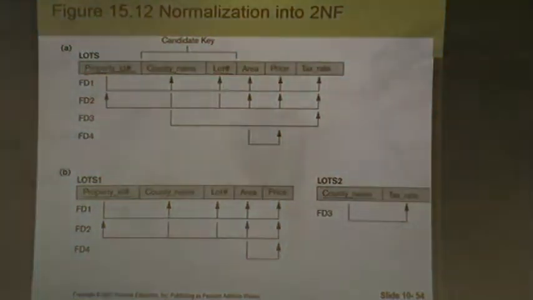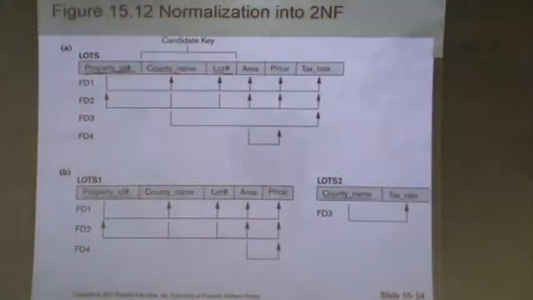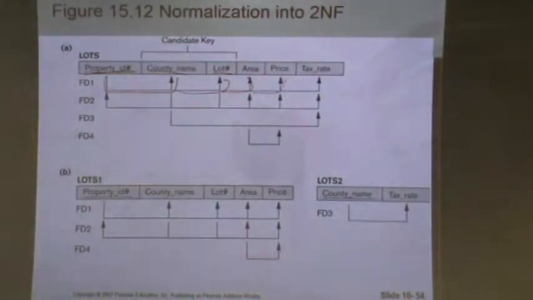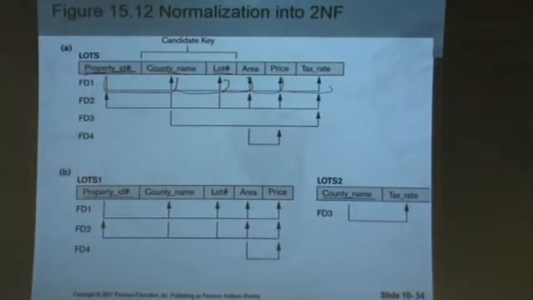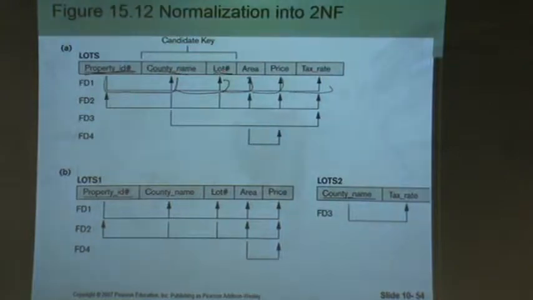Then, is this a whole dependency or a partial dependency? This one is a whole dependency automatically, because it's a single attribute key. What about this one? County name plus lot number determine area, price, and tax rate.